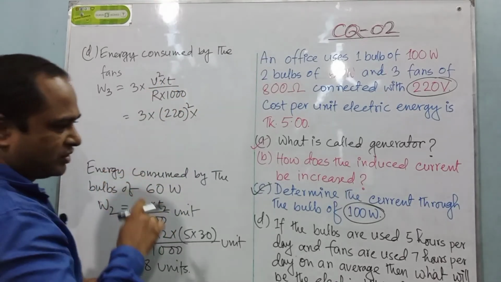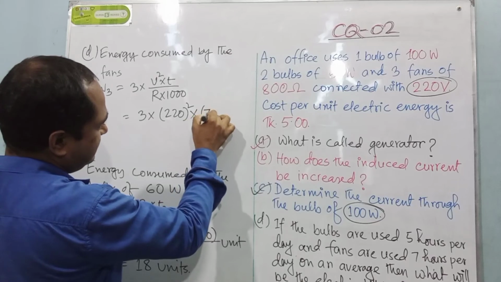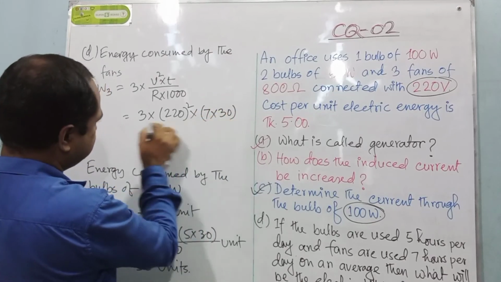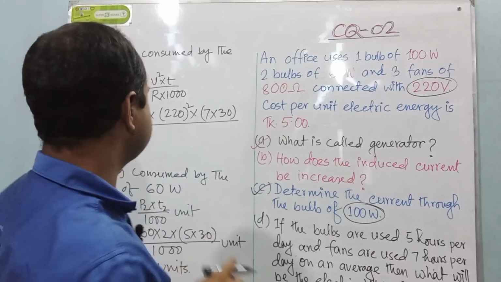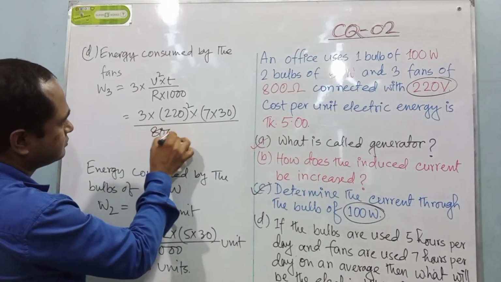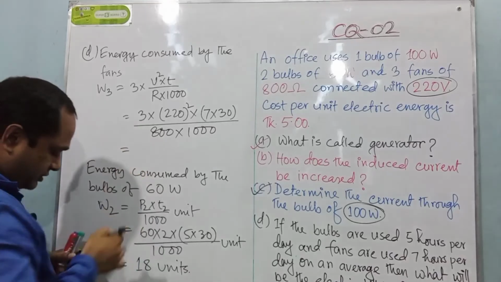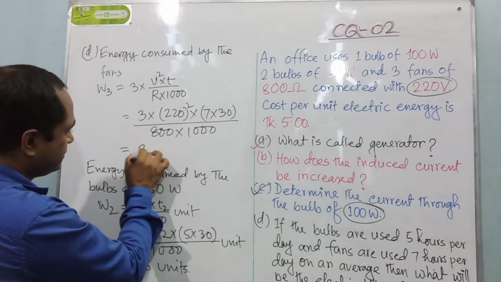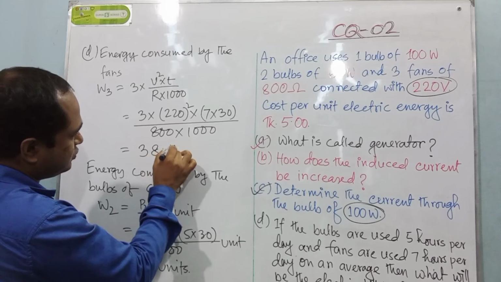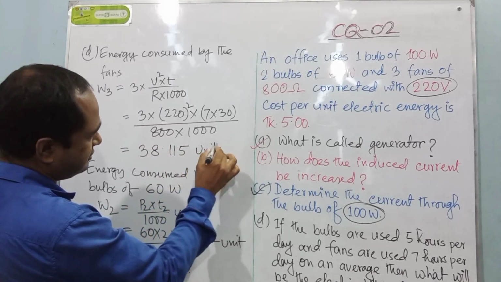Here fans are used 7 hours per day, so T is 7 multiplied by 30, divided by R. R means resistance of the fans, 800 ohm, multiplied by 1000. So after the calculation we will get 38.115 unit.